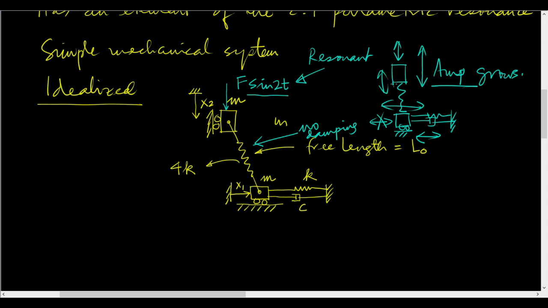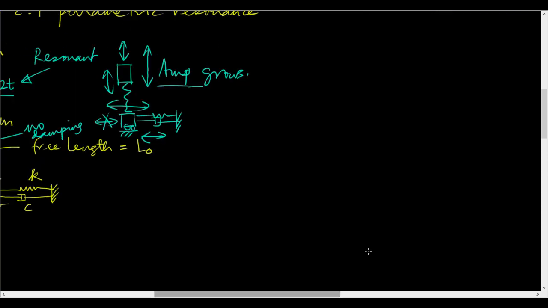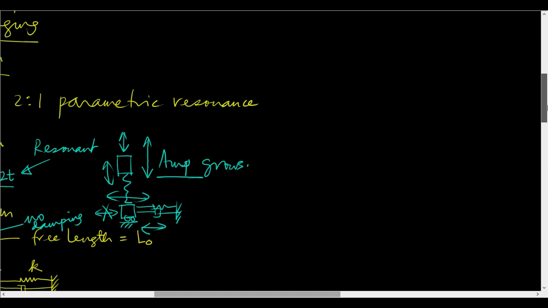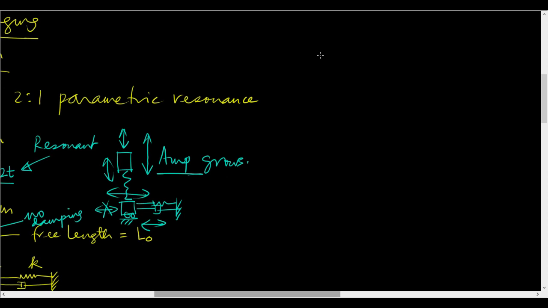Okay, so now let us think of equations of motion for it. And what we do is we say this point has come down by x2, and this point has gone to the right by x1, and the free length of the spring was L0.